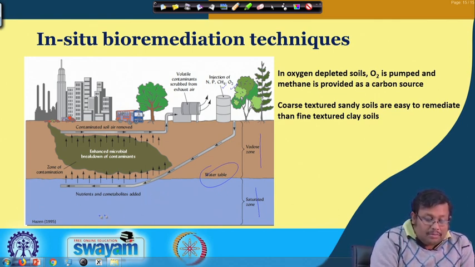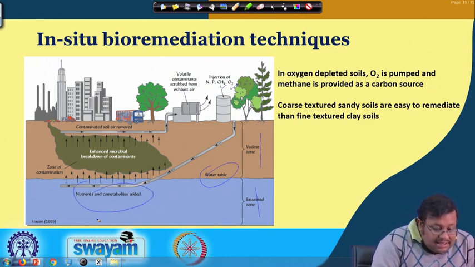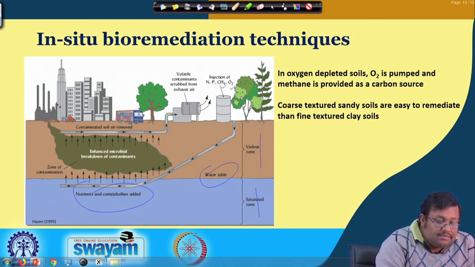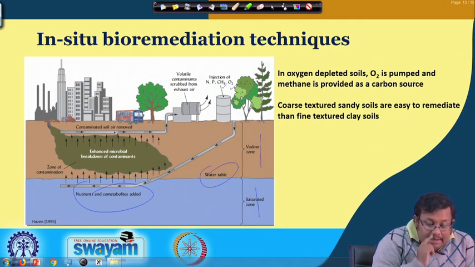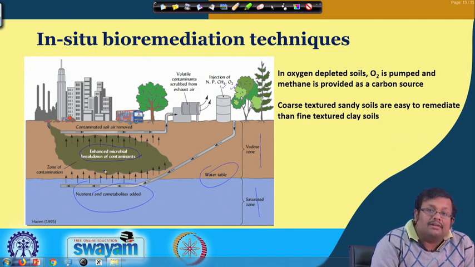Nutrients and other co-metabolites are added, and you can see here a zone of contamination, which basically occurs from an industrial process. Ultimately the nitrogen, phosphorus, methane and oxygen enhance the microbial breakdown of the contaminants. This breakdown through microbial activity happens in situ, which means we are not excavating the soil and transporting it to any other area.